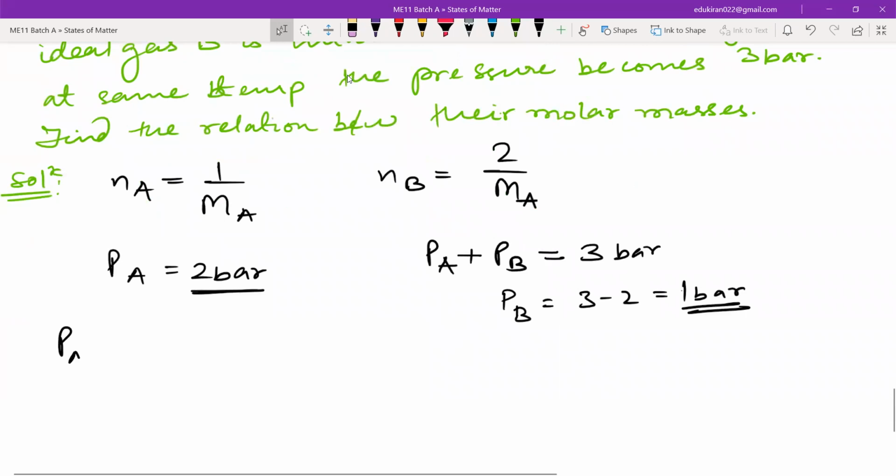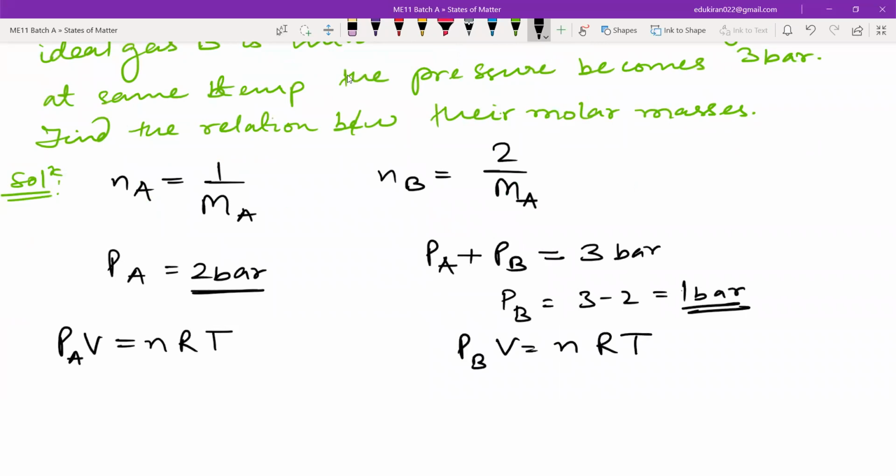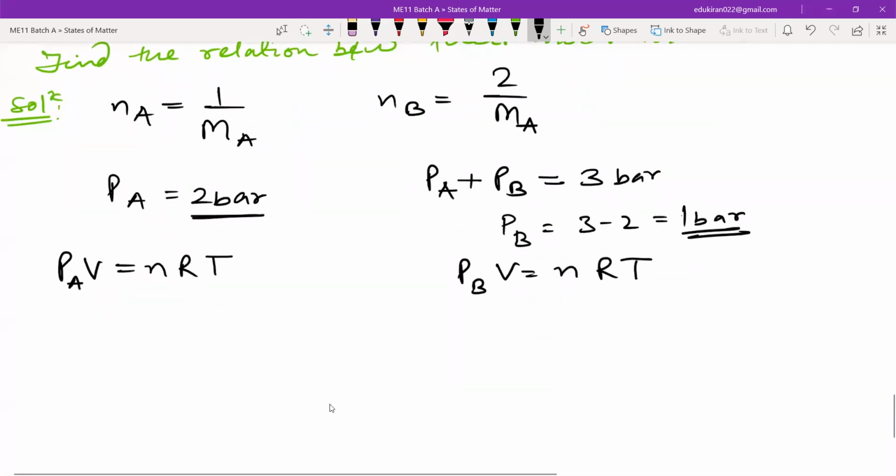Now I can also write PA into V is equal to nRT and PB into V is equal to nRT. We are doing both parallelly. Let us calculate PA upon PB.